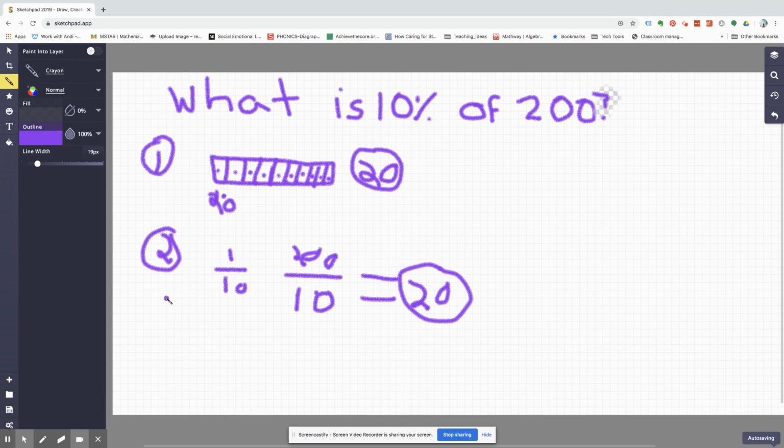Alright, and then last but not least, number 3 is going to be this. So we're going to do 10% is equal to, let's just pretend there's a percent sign right there. It's equal to 1/10, right? As a decimal right there. And then times 200 equals, oh wait, I have to put 200, I forgot.